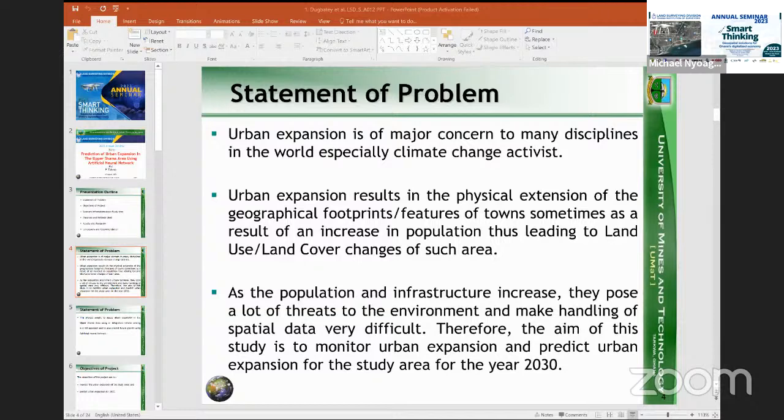We had to get shapefiles for various features such as roads, the boundary of our study area, water bodies, and others. We also had to download a DEM, a digital elevation model, for our research.